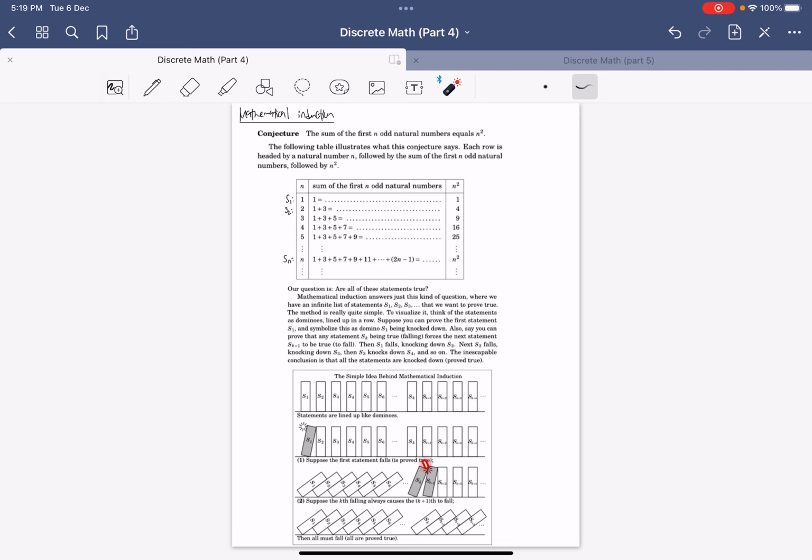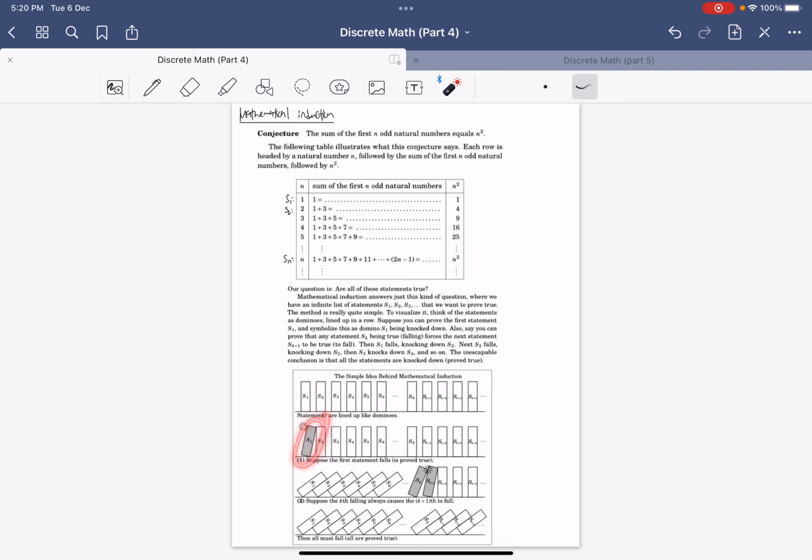Because now you have an assumption of Sk being true, if this Sk is true, it will knock down, and if you're able to prove that Sk plus 1 is true, it will knock down as well, and it will then knock down Sk plus 2 and so on. And so you can see from this picture how all the Sn for any n hold true.